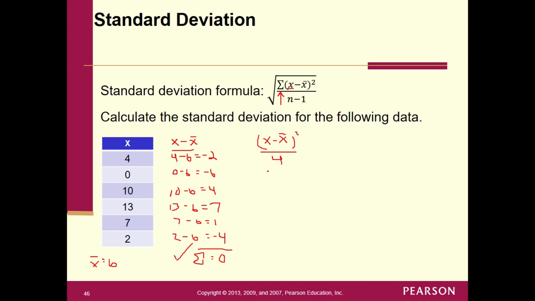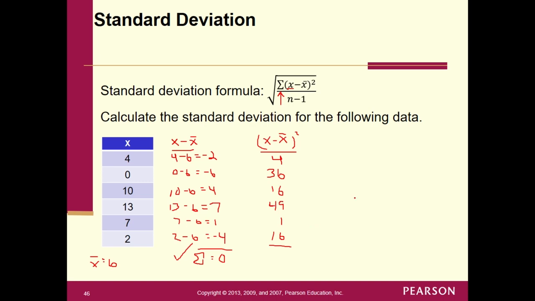Negative 6 squared is 36. 4 squared is 16. 49. This next one, we got 1. 1 squared is 1, and the negative 4 squared is 16. Okay? So go ahead and put those in your calculator.